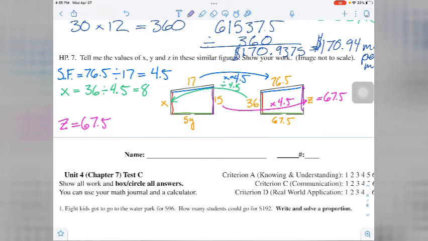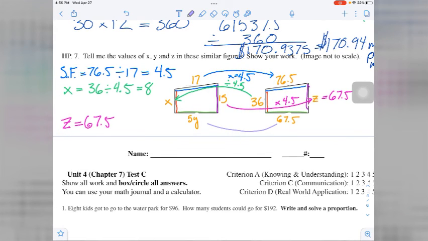And then the last one, if you figured those ones out, that's great. The last one, though, is a little bit trickier. I know that to go from this side to this side, I still need to divide by 4.5. And so 67.5 divided by 4.5, we actually have this math on here. I know 15 times 4.5 is 67.5. So going the other way, that means that this is going to be equal to 15.